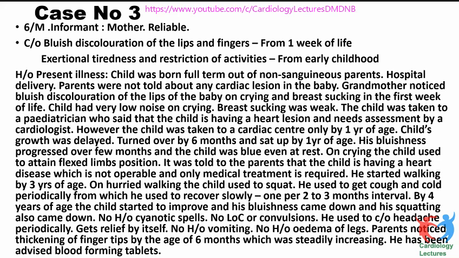Gaurav, would you like to try, what will be the size of the PDA? So it is generally large, because the collaterals develop later. No. My question is, in a patient with tetralogy of Fallot, what will be the size of the PDA? Is it large? Is it small?